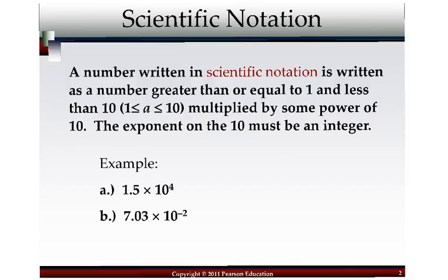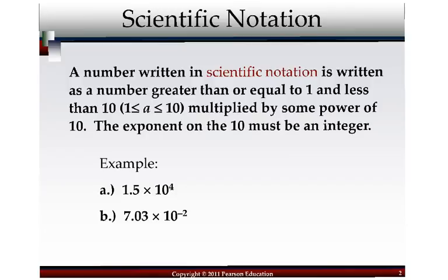A number written in scientific notation is written as a number greater than or equal to 1 and less than 10. So it's between 1 and 10, or equal to 1 or 10. And then that number is multiplied by a power of 10. So that's why you hear some number times 10 to a certain power.